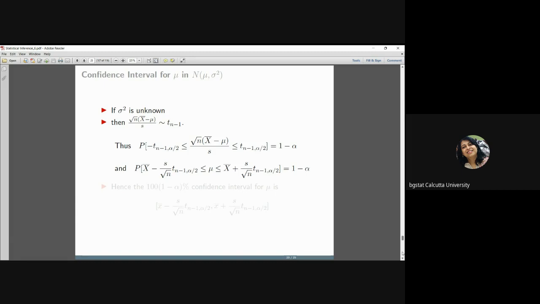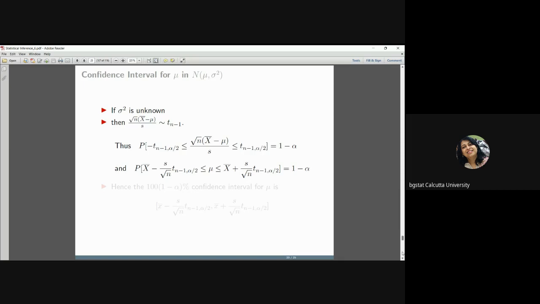So we have this kind of an equivalent distribution statement for the t distribution. Note that the t distribution is also symmetric like the normal distribution. So this quantity, root n x bar minus mu by s, must lie between the lower alpha by 2 and the upper alpha by 2 points of the t distribution with n minus 1 degrees of freedom with probability 1 minus alpha.